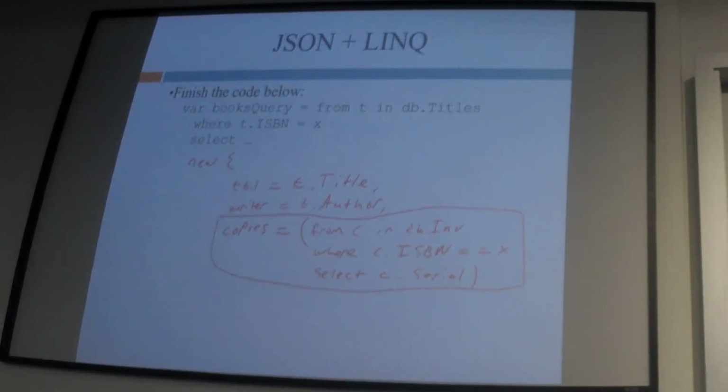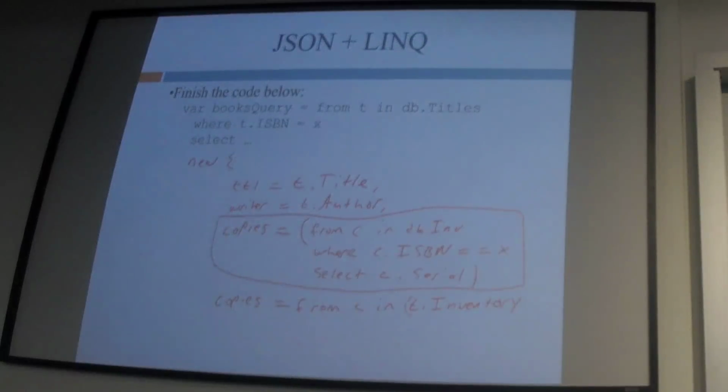and write another option. Copies equals from, I'll use the same variable, from c in, and then this is where the scaffolding gives us automatic linkage between tables where there are foreign keys. So we can do from c in t.inventory.